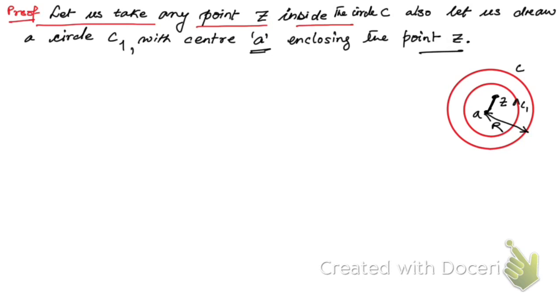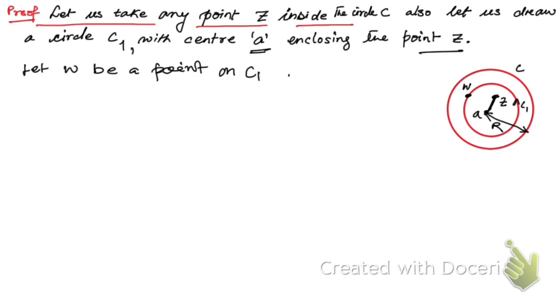And let us take a point w on the circle C1. So let w be a point on C1, not inside or outside, it is on C1.